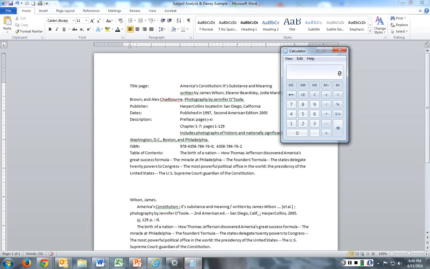So let's do 129 times 20%. 25 or 26 pages is how long a chapter would need to be, or not just a chapter, but the topic of a section of the work, to warrant a subject heading. Now we have 7 chapters divided into 129, which is 18. So each of these chapters averages about 18.